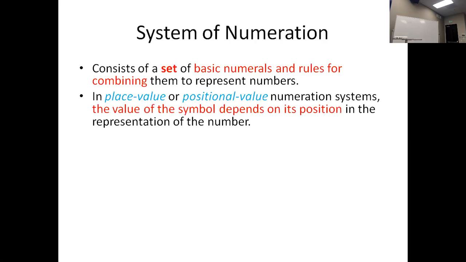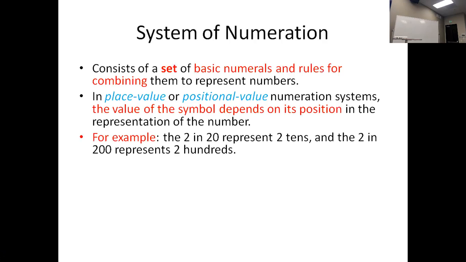But we also have place value, or positional value. That's very important. It tells us the value of a symbol depends on its position in a number. For example, the digit 2 in 20 represents 2 tens. But the same digit 2 in the number 200 represents 2 hundreds.